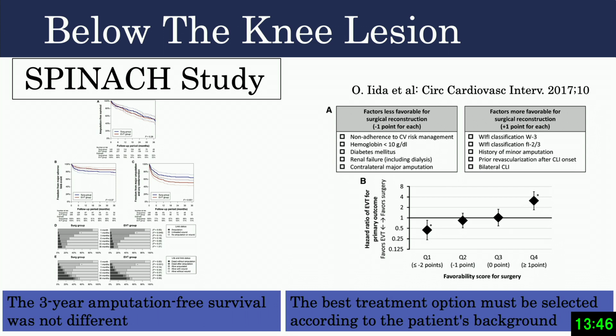But a very important message is that the best treatment option must be selected according to the patient background. So there are many factors which favor surgical reconstruction, and we have to calculate the number and decide how to revascularize the vessel.